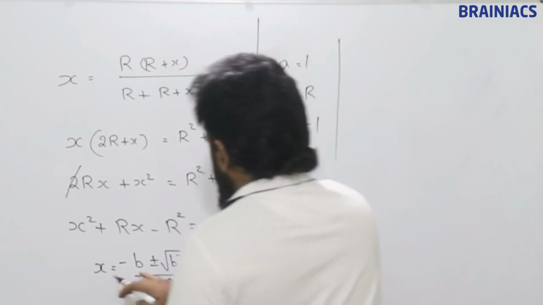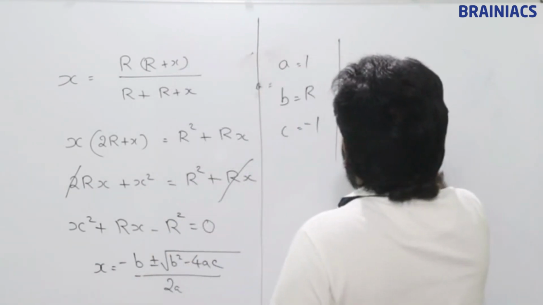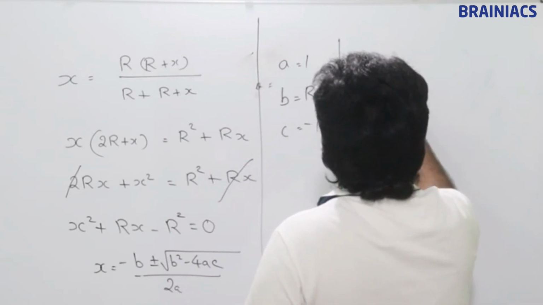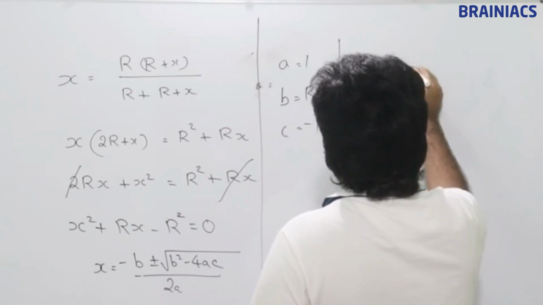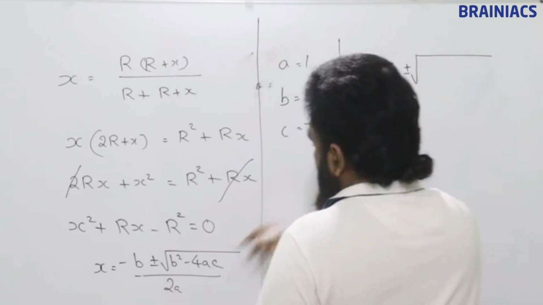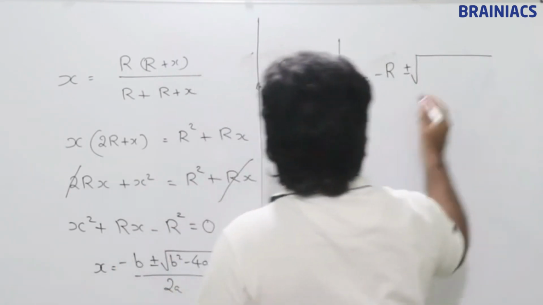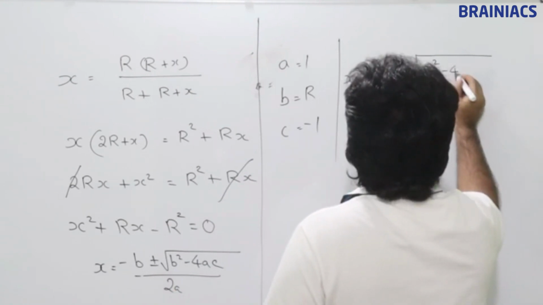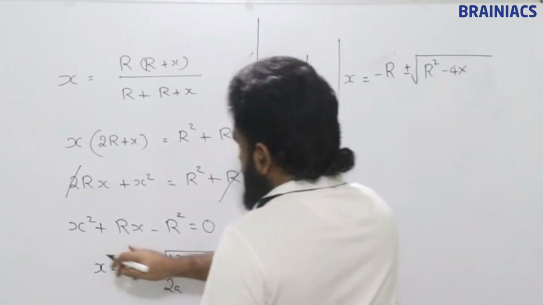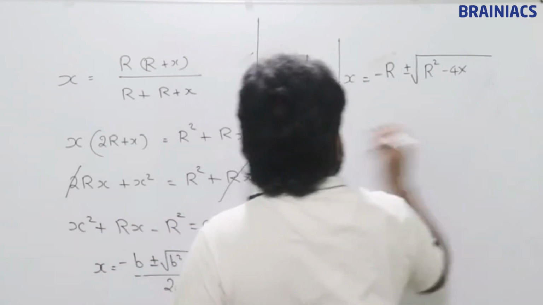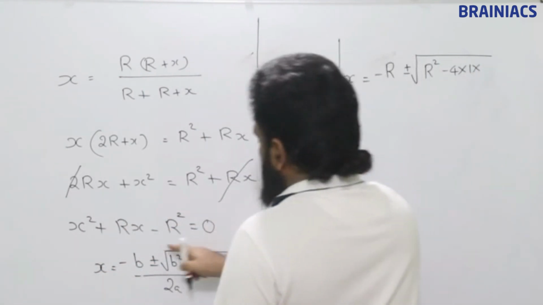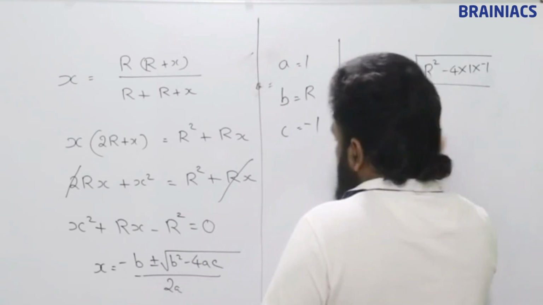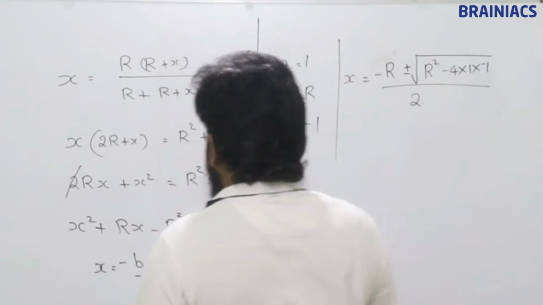So X is equal to minus R plus or minus root of B square, which is R square, minus 4 into A C, 1 into minus 1, divided by 2 into A.